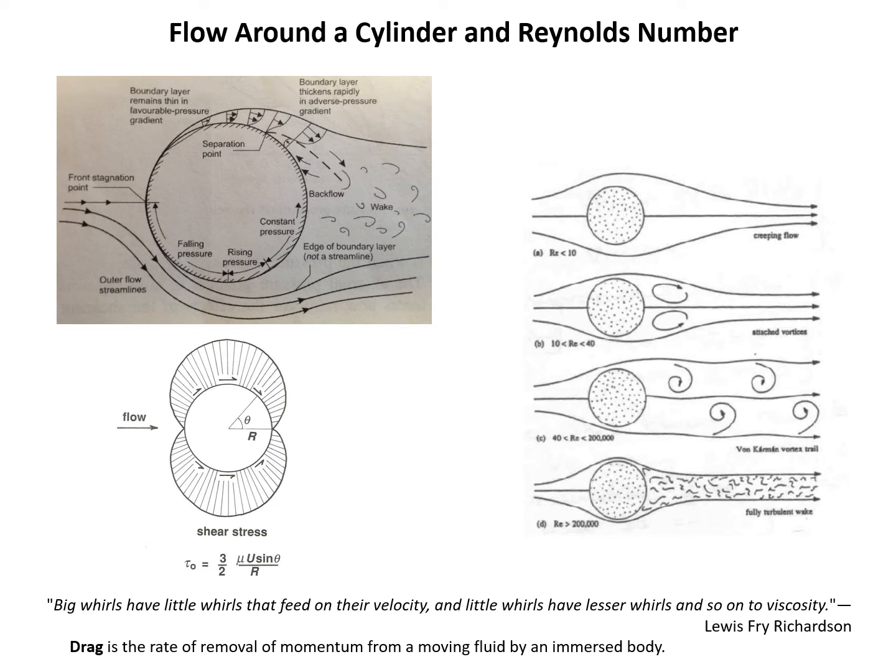And almost all of the drag in this low Reynolds number regime, almost all of the resistance to flow comes from this tangential stress, this viscous stress, that results from the viscosity of the fluid.